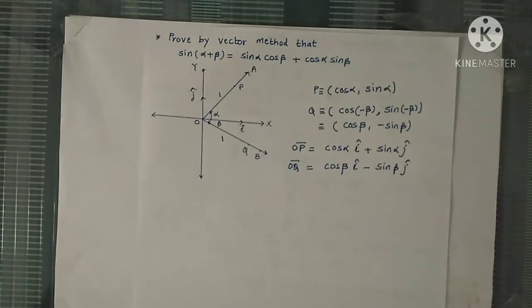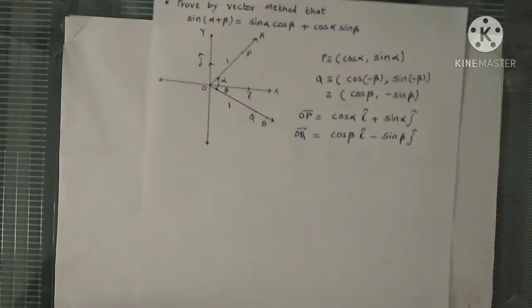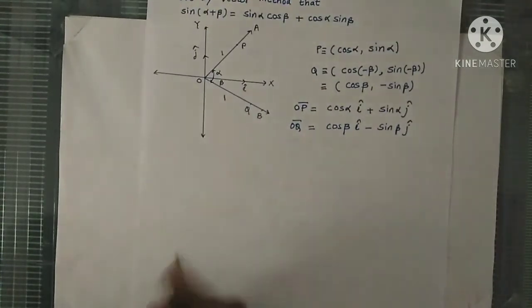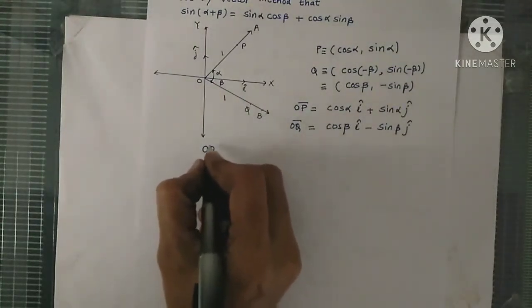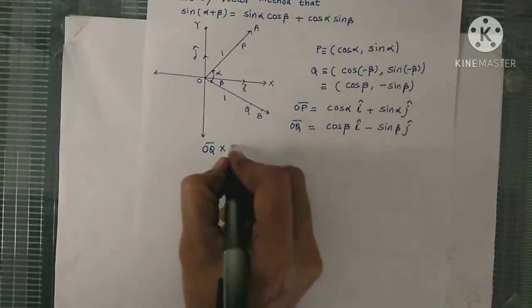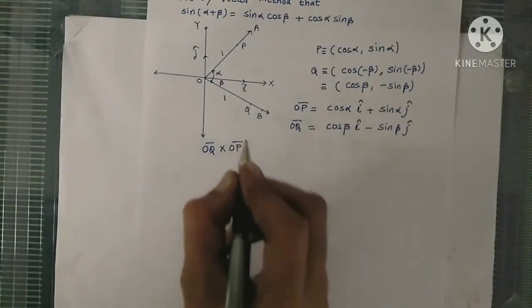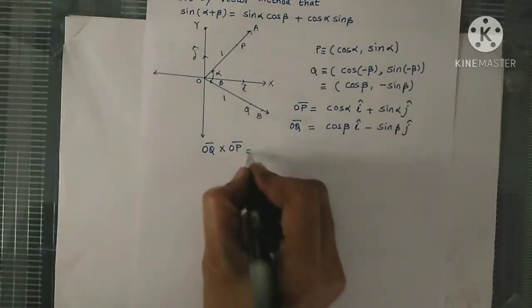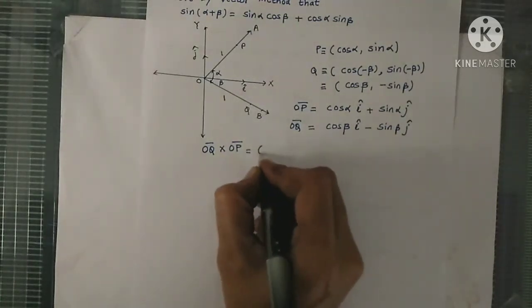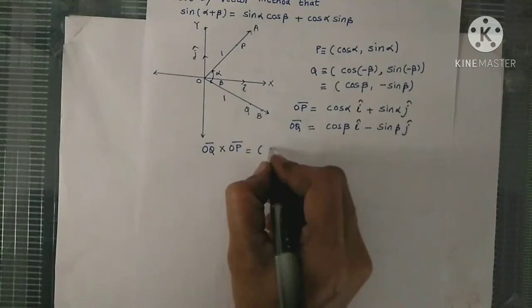Now let's consider cross product of these two vectors. But let's take OQ bar cross OP bar. Let's write OQ bar and OP bar in terms of i and j.